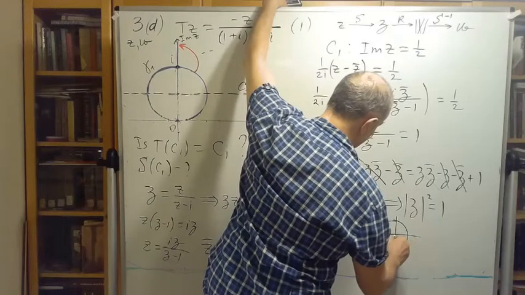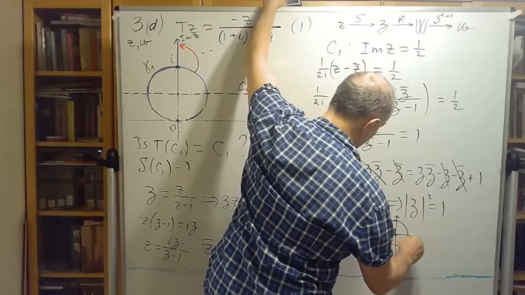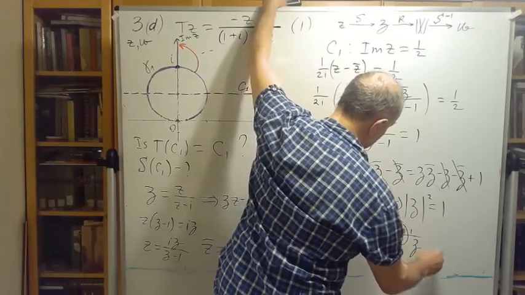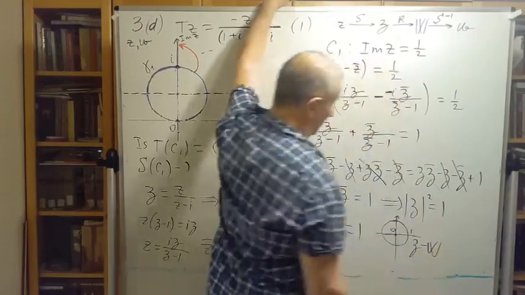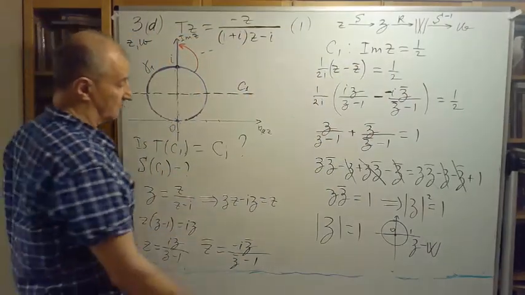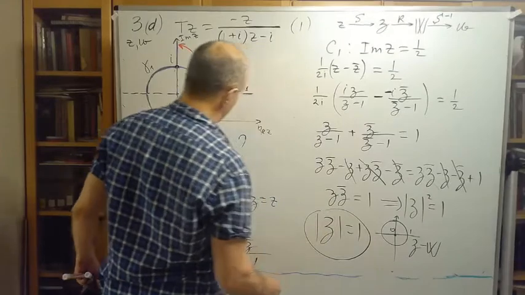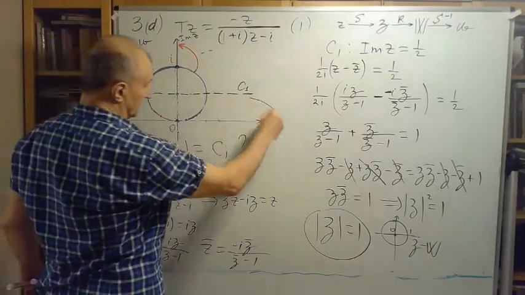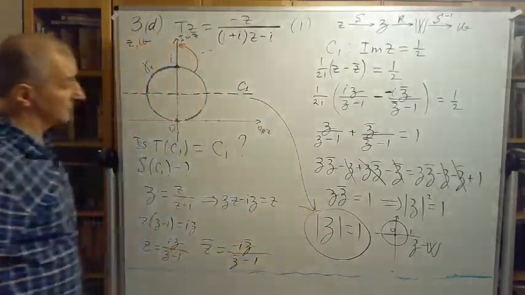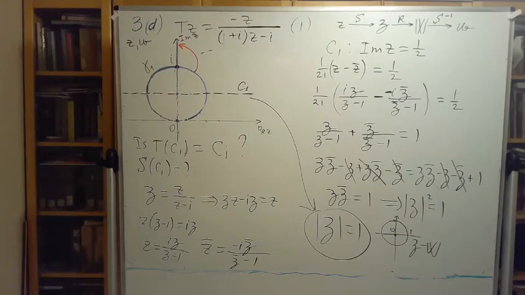It is a circle of radius 1, in the w plane. This line, C1, moves into the unit circle.